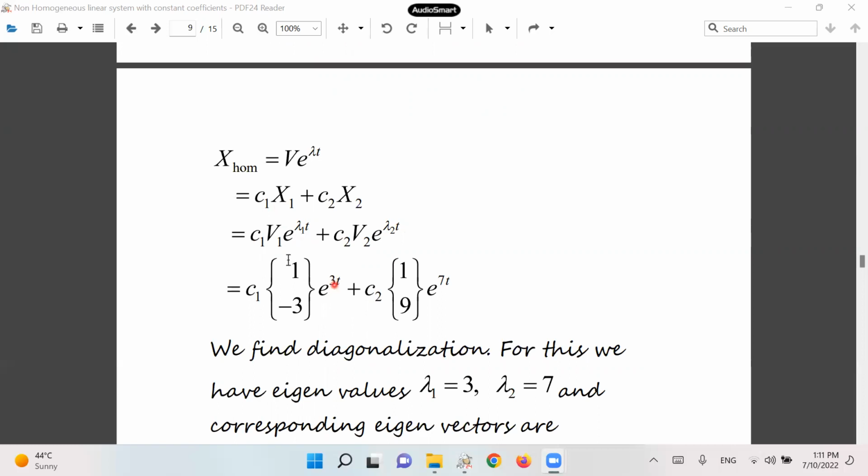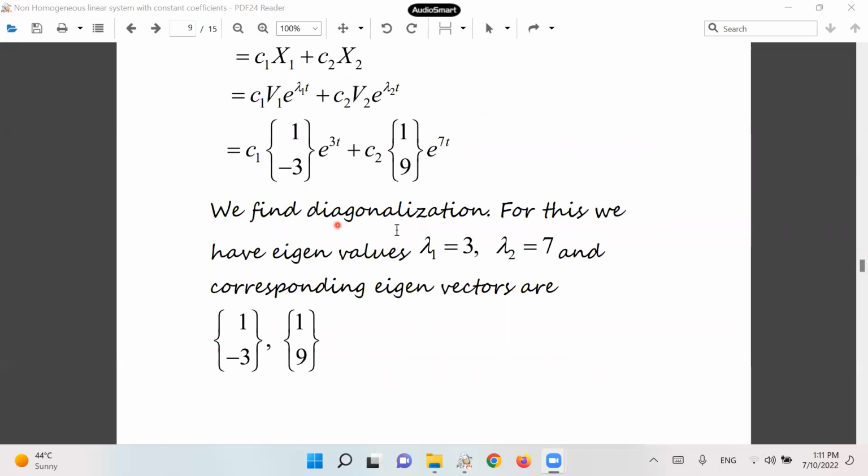So lambda 1 is 3, and v1 is 1 and minus 3, v2 is 1 and 9, and lambda 2 is 7. So now, in order to solve for the non-homogeneous part, we must find the diagonalization.